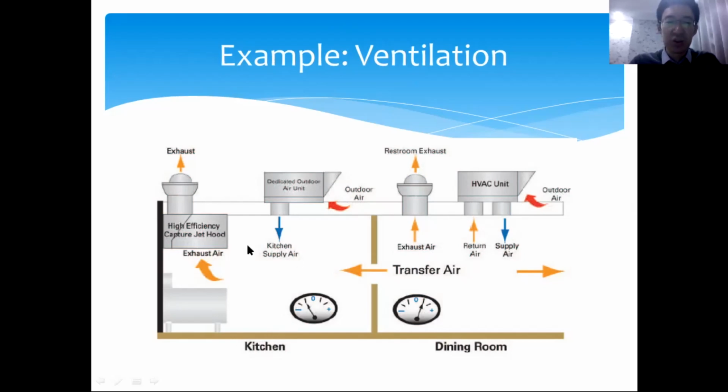Regarding the kitchen, it is a more complicated area, because we have different equipment. We cook food there. We have moisture, we have odors, and we have humidity. That is why we have industrial exhausts that are going to take the air away from inside.